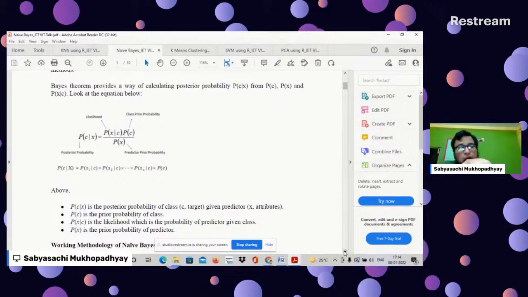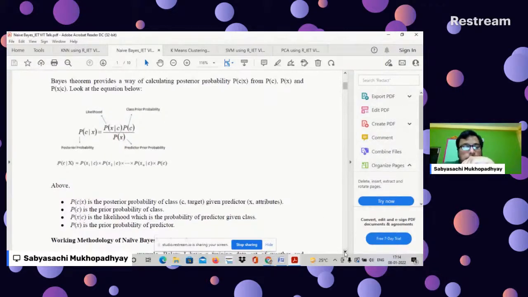So you can predict the posterior probability of the class when your attributes or predictors are given. X is given, so what will be the probability of the class? This is the basic structure of the Bayes theorem.